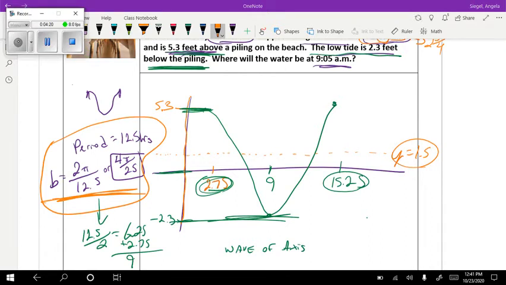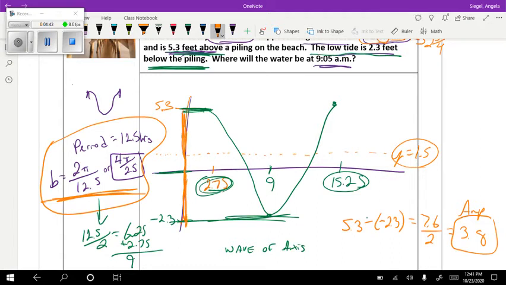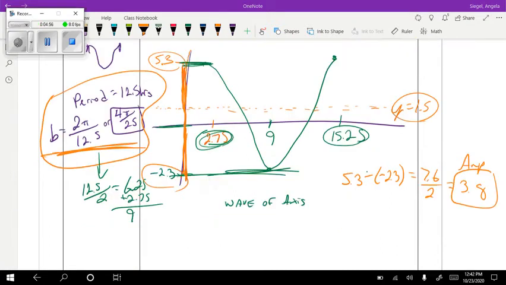How I did that is I took 5.3 minus negative 2.3, and I got 7.6, and then I divided that by 2, and that gave me 3.8. This is going to be my amplitude. So I knew that it was 3.8 between here and here. You can either subtract 3.8 from 5.3, or you can add it to negative 2.3. Either way, you're going to get 1.5. So that is that equilibrium position right here that we've been talking about.